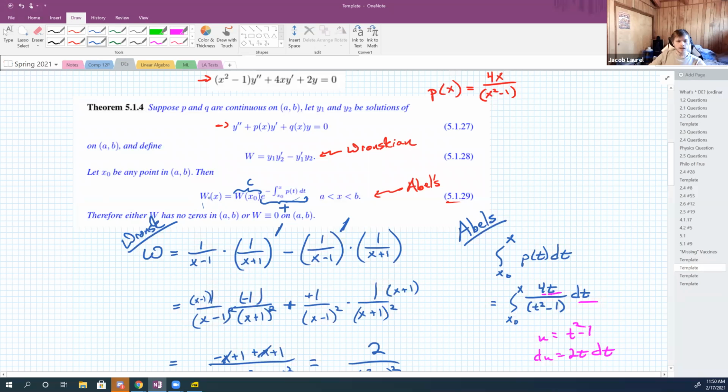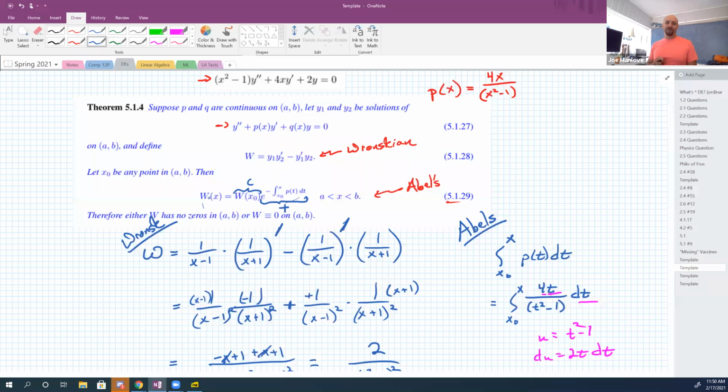I was gonna ask, what's the use for this besides in one of the problems where you use it to find the second solution to a problem? Oh, what's the use of Abel's formula? Yeah, outside. Abel's formula is this cool thing that lets you see that it feels dumb to check if the Wronskian has a zero, but the neat thing is if the Wronskian has a zero, then it's always zero.